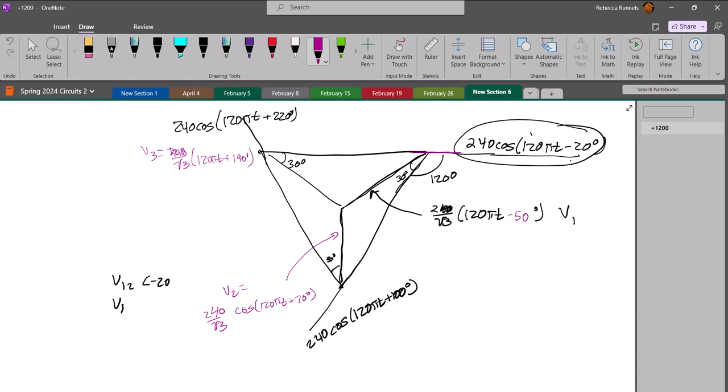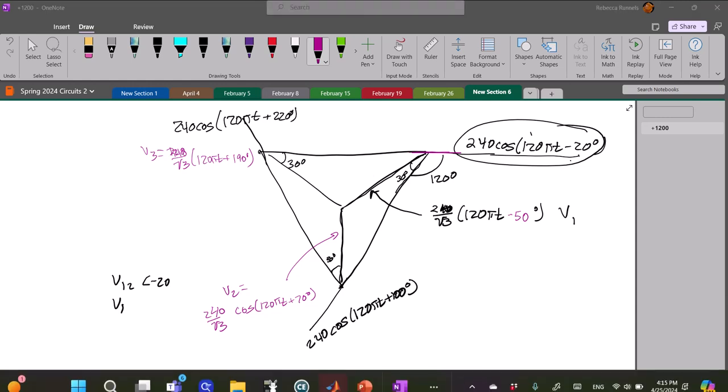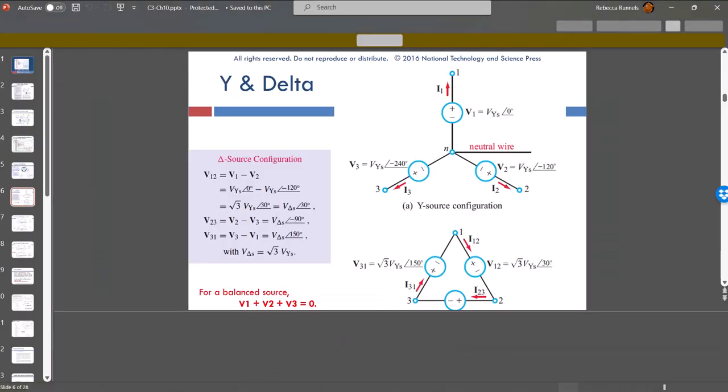I am subtracting 30 from the delta to get the Y. I was adding, but then I looked at that and it looked like that is what I had in my notes, but I think my notes are wrong because when I look at the PowerPoint, it's showing that if the delta is angle 30 on V12, then the Y is angle 0.